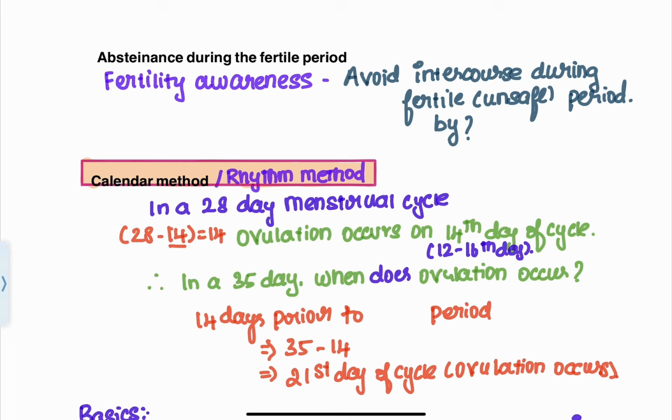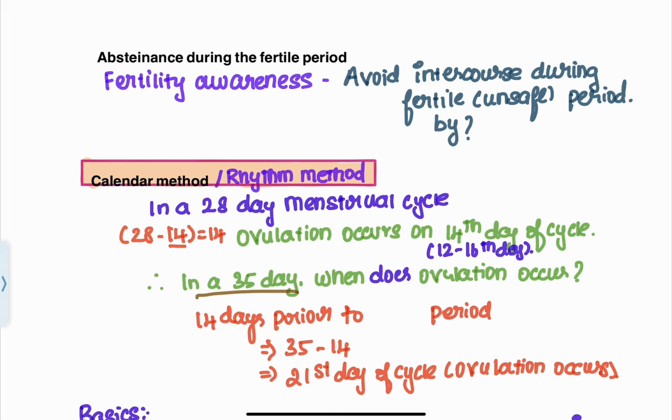So you are going to give a variable that between the 12th to 16th day of the menstrual cycle, ovulation can occur. Now I'm going to ask you a question. In a 28-day cycle, ovulation occurs on the 14th day, right? Because you subtract 28 minus 14, which is the 14th day of the menstrual cycle. But let's say for example, in a 35-day cycle, when does ovulation occur? The whole duration of the menstrual cycle in this female is 35 days.